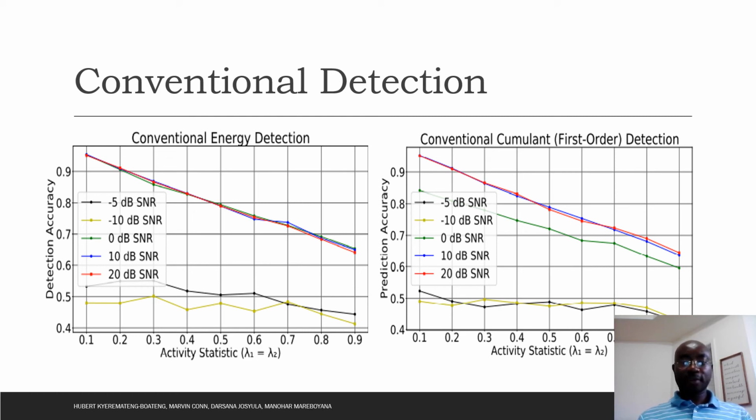It starts off a little above 0.5 for -5 dBm and then degrades as the activity statistic increases. But for the cumulant, the SNR of 0 starts off at around 0.85 and then degrades as the activity statistic increases.